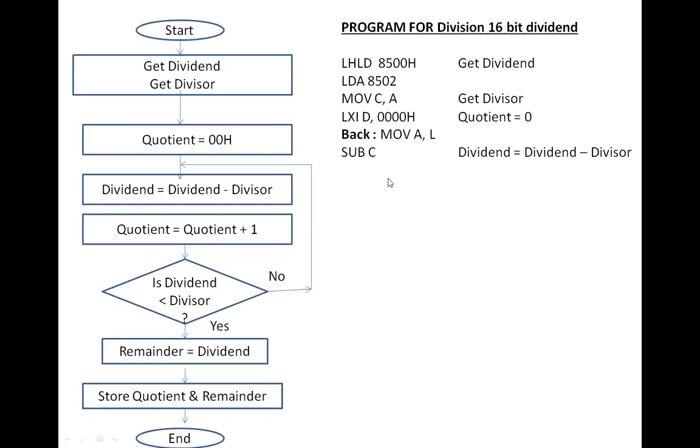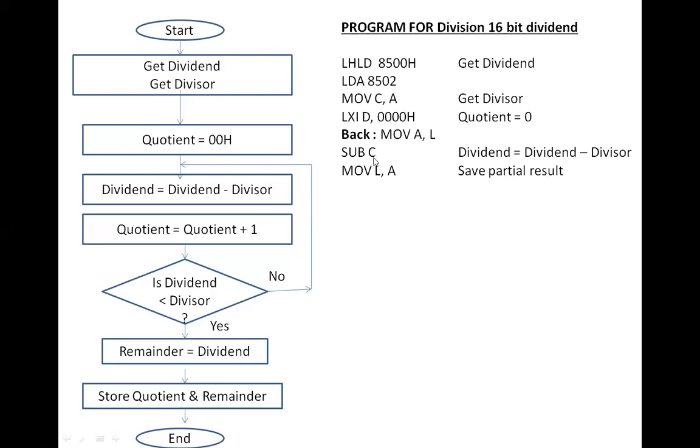Once we subtract the value of C, the accumulator content will be modified, and the accumulator content will be L minus C. Whatever is the content of the L register, which is the lower order dividend, is placed in the accumulator, and C is subtracted from the accumulator. Naturally, the result will be stored in the accumulator.